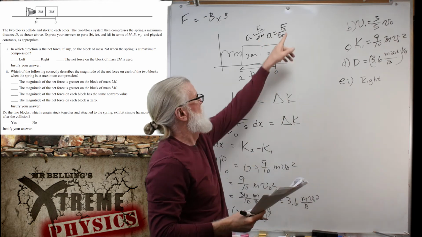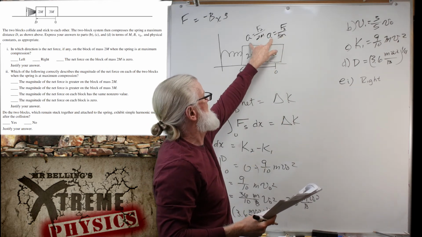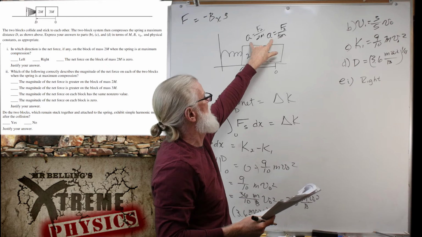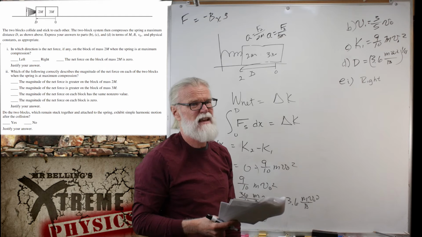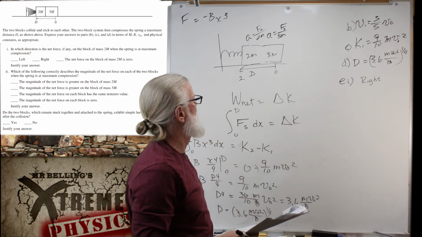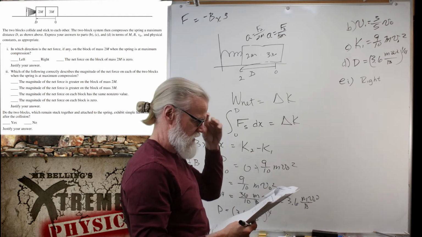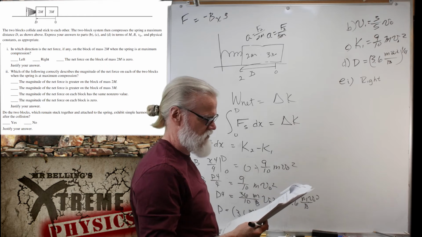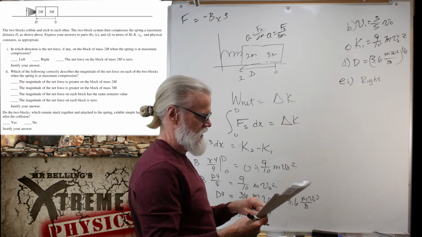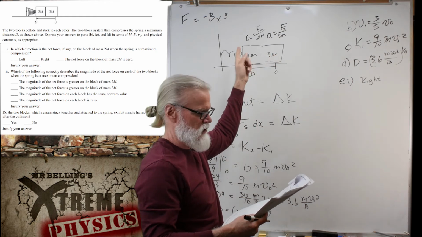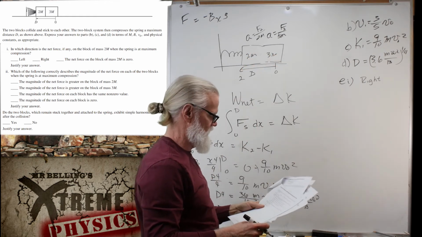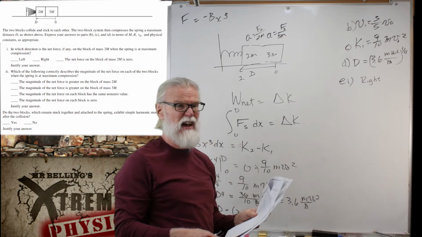Right? So in order for these to be the same accelerations, this must have a greater force on it because it has greater mass. So what was the answer? The magnitude of the net force is greater on 3m because they're accelerating at the same rate. It has more mass, so it must have more net force on it. So there you go. I justified my answer.